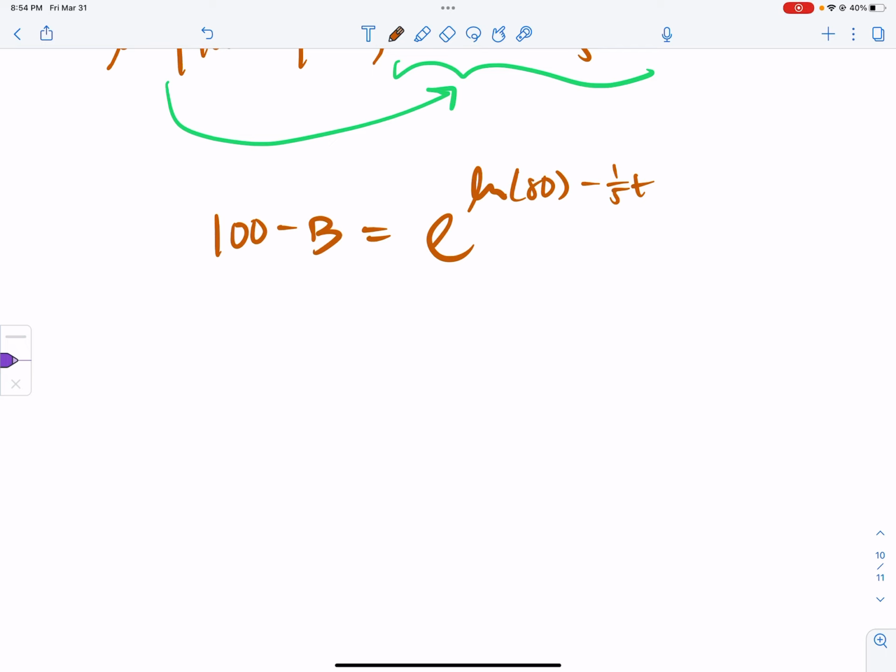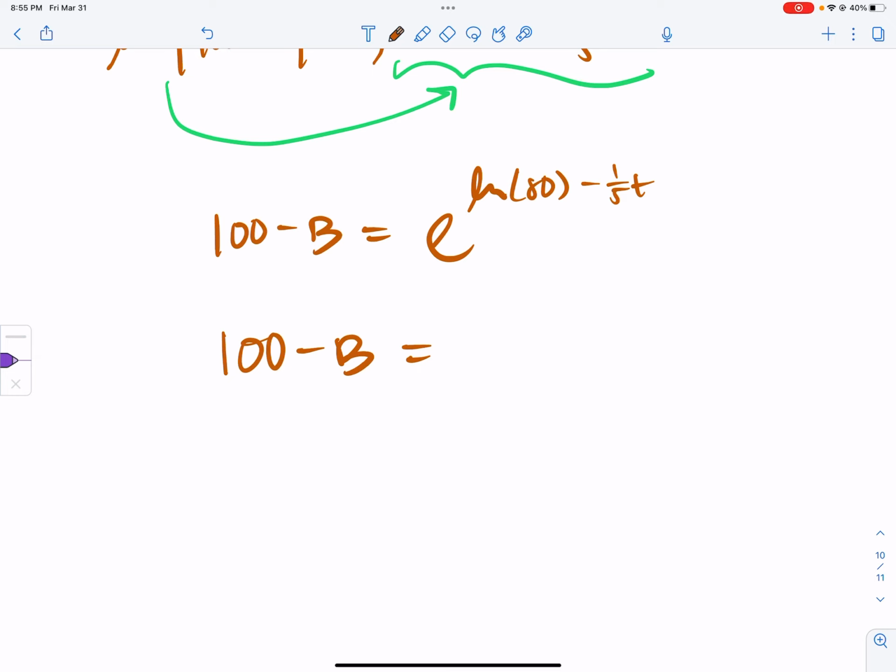Okay. And then we can think of the right-hand side as e to the natural log of 80 plus negative 1/5 times t. I'd rather not write this as e to the natural log of 80 divided by e to the 1/5 t, because I don't want t in the denominator.